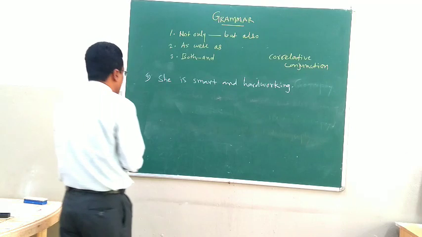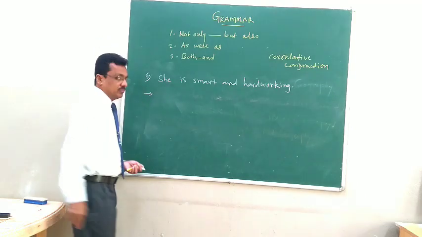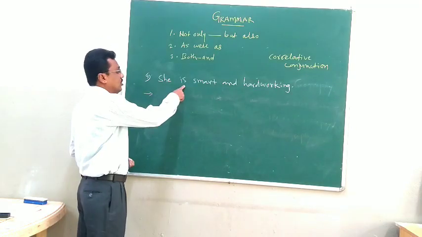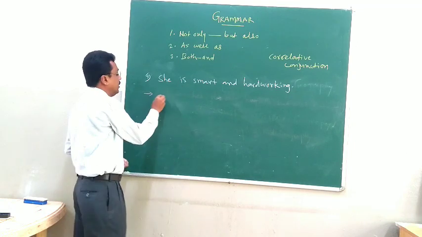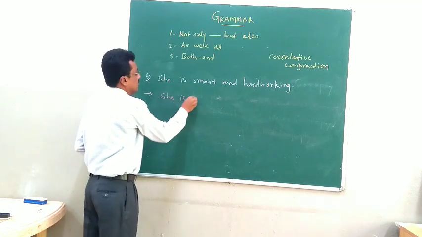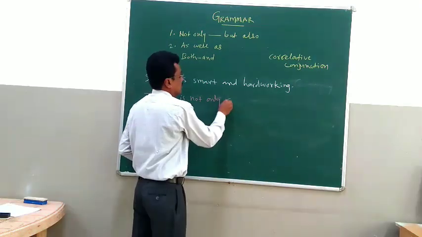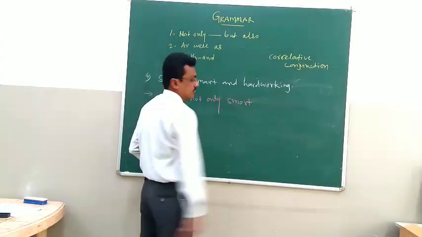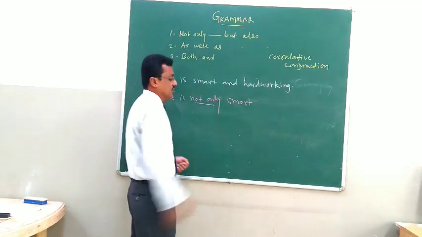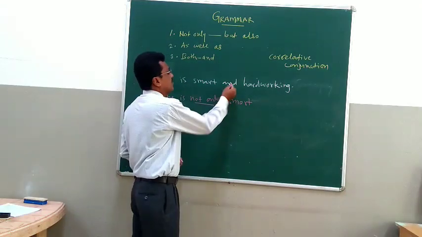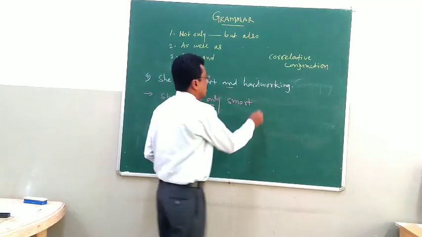And we have to use not only but also. So, as I told you, after the helping verb, you have to use not only. She is not only smart. In place of and, you have to use here but also.